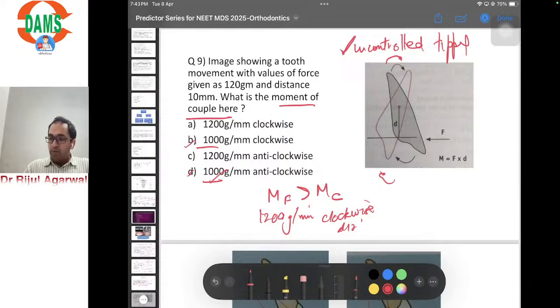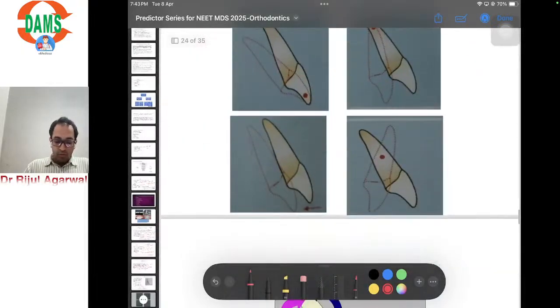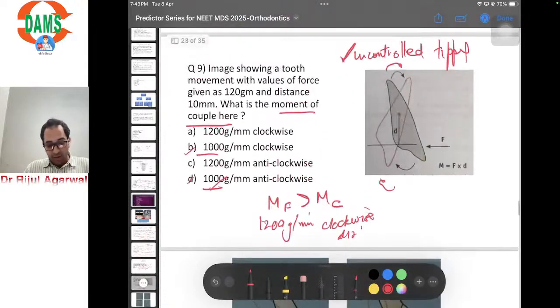Okay, I hope I am clear. So this is translation, uncontrolled tipping. Okay, अगर यही चीज़ translation के लिए होती, यहाँ तो uncontrolled tipping. So suppose NEET 2025 में you get a question for translation and they ask you about movement of couple in this same scenario. Okay, so MF is 1200 gram per mm in the clockwise direction. So for translation, MC should be 1200 gram per mm in the anti-clockwise direction.